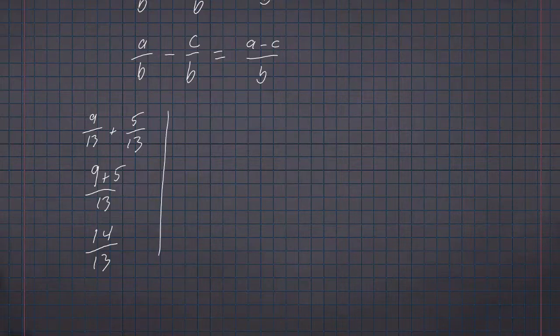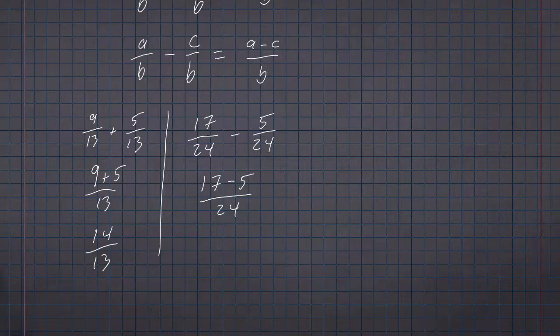One thing you always have to pay attention to is wondering if a fraction can reduce. Consider 17 over 24 minus 5 over 24. These have the same denominator, so you can subtract them.